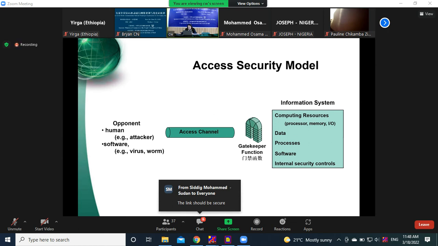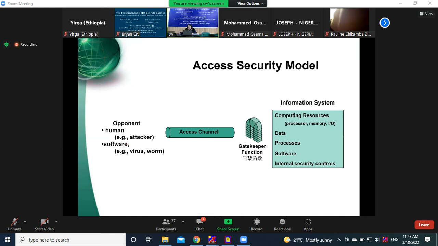For example, let's say some opponents. These opponents sometimes are, for example, attackers. For example, this is a human, and then others, this opponent is, and also we often call some software viruses, worms. This also belongs to the opponent field.